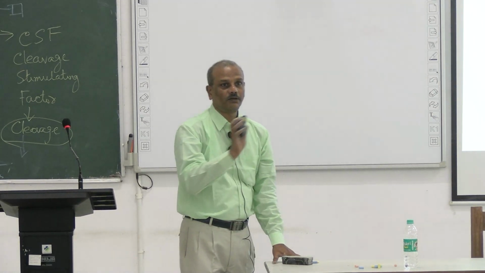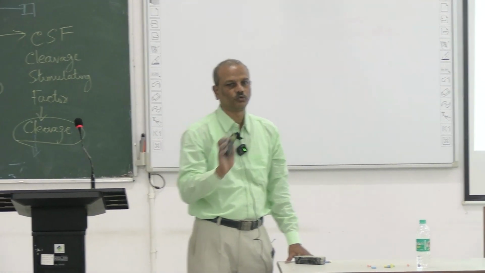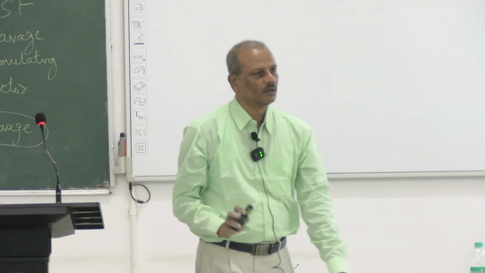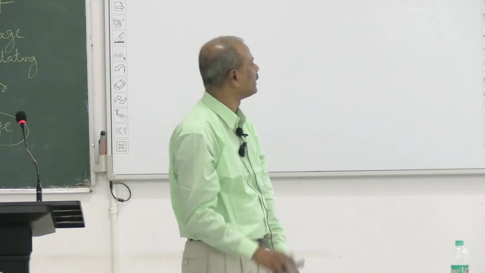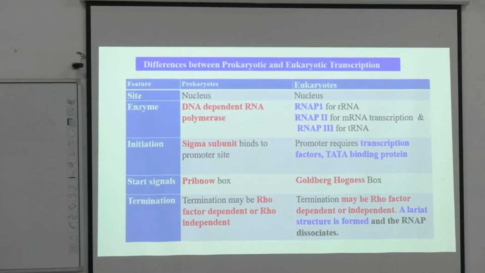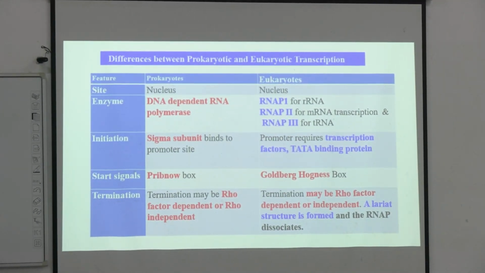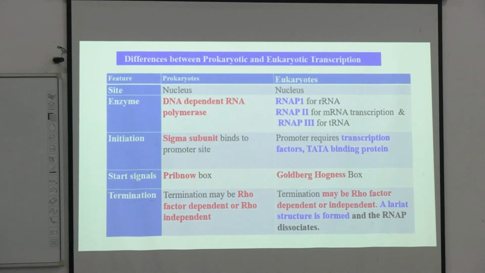So yesterday, now you understand the difference between the two, prokaryotic and eukaryotic. This is easy to remember, so that you remember all the points. One is enzyme, that one single enzyme is required in prokaryotes, that is RNAP, DNA dependent RNA polymerase.